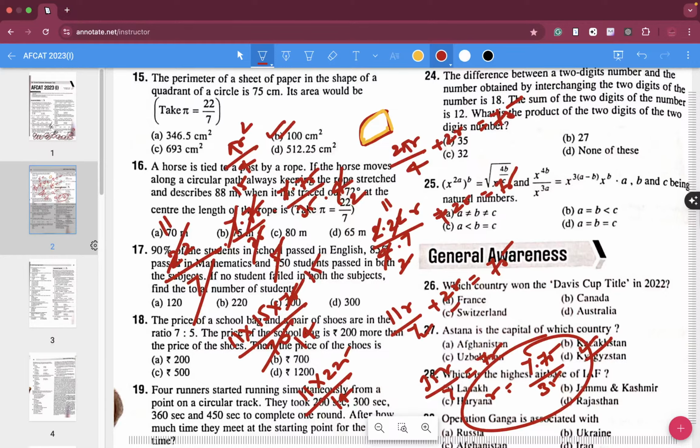The perimeter of a sheet of paper in the shape of a quadrant is 75 centimeters. So 2 pi r by 4 plus 2r is equal to 75.